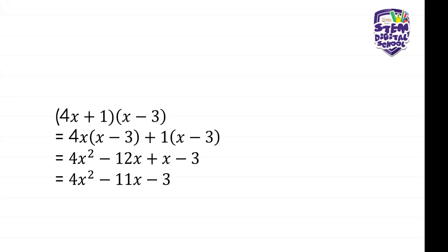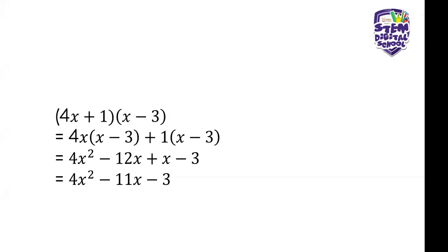And thereafter, you take the second term of the first bracket, you multiply it out with the second bracket. Of importance is to realize that if you multiply 4x and x, you get 4x squared. And then 4x times negative 3, you will get negative 12x. And then if you multiply 1 by x, you get x. And if you multiply 1 by negative 3, you will get negative 3.